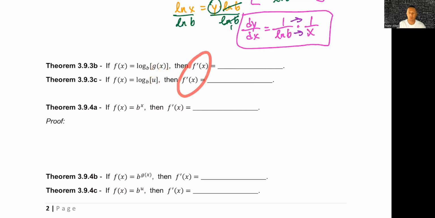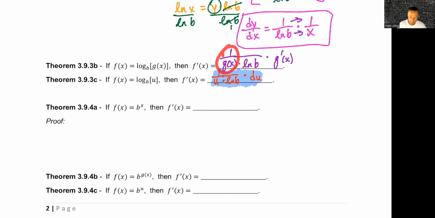We know then that the derivative would be 1 over that inside thing times, still again in the denominator, natural log of b, but now also chain rule times the derivative of that inside function, g prime of x. Easier said, the log of u, its derivative, is 1 over u times the natural log of the base times the derivative of u. Again, should be written as du over dx. It's just easier to put the derivative of u.